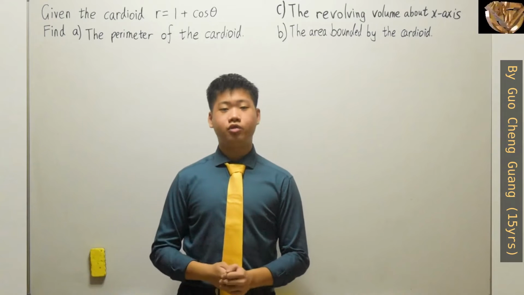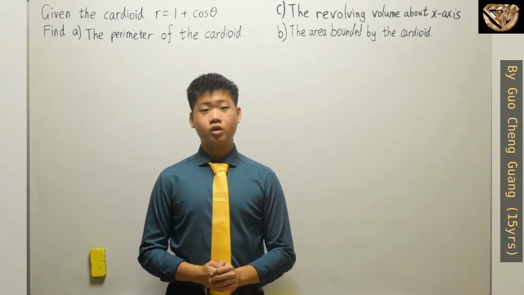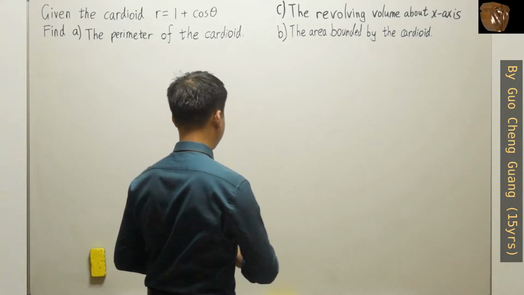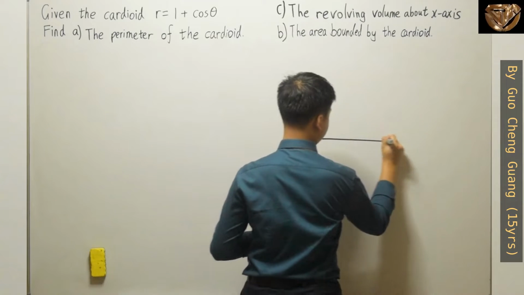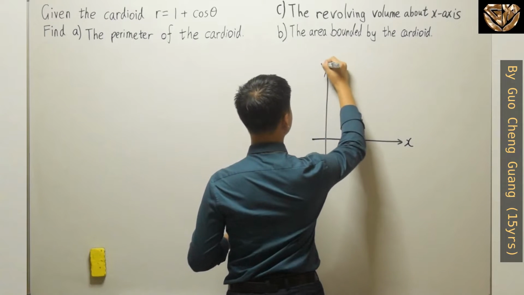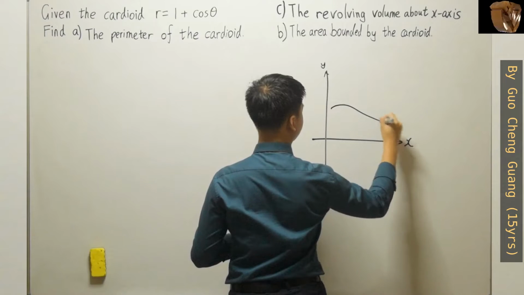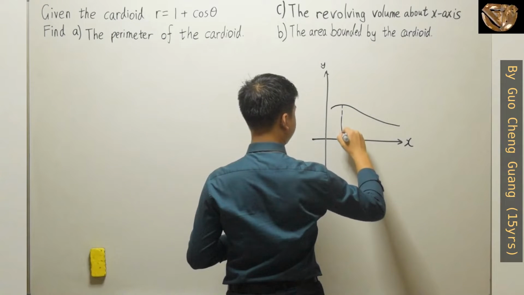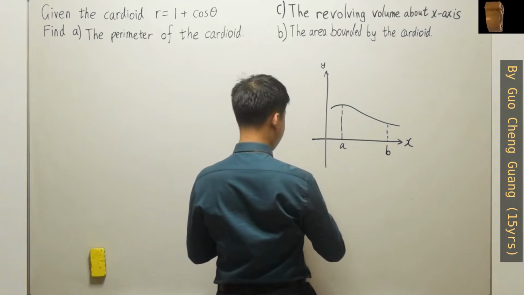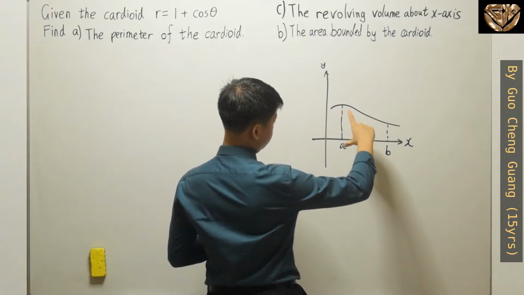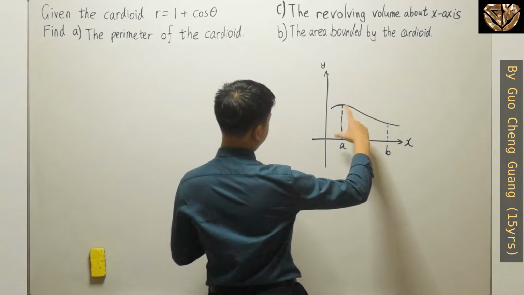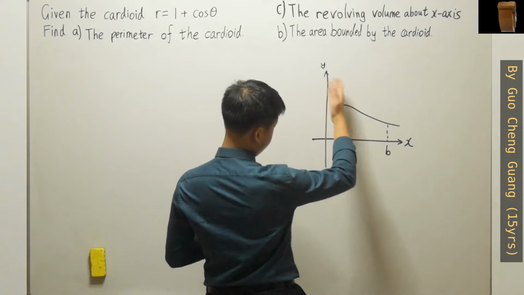So normally, how would you find the revolving volume? Generally, let's say we have this graph over here, with A and B. You would have pi r squared, which in this case is, let's say, f(a), where y is equal to f(x), of course.